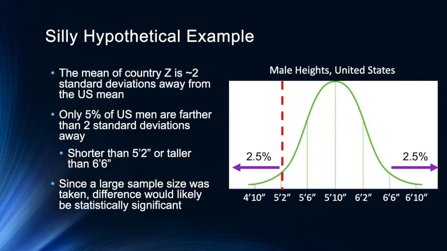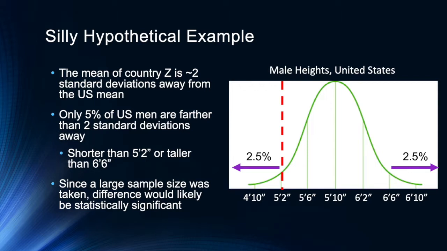So to get more into that information, as I said, it's about 2 standard deviations away from the mean. So about 5% are on one side or the other, because if you didn't know whether country Z's heights were bigger or smaller before you sampled, you would have to pretend that you don't know if the difference is positive or negative.